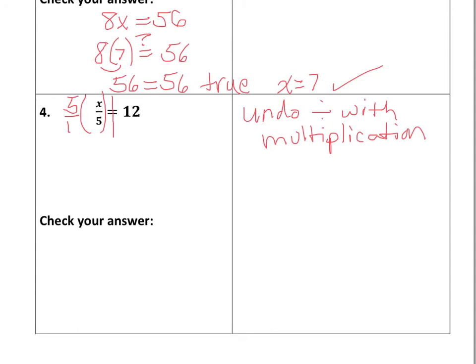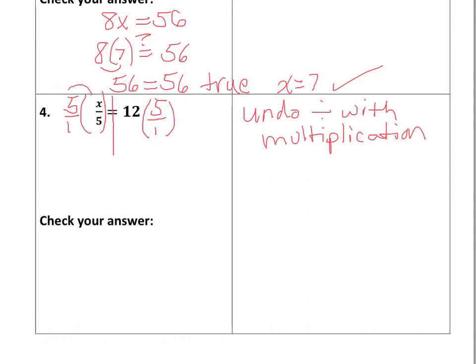Whatever I do on one side of that equal sign, I got to do exactly the same thing on the other side to maintain equality. So right now we're using the multiplication property of equality. Right here, this 5 divided by 5, well, they're going to cancel.